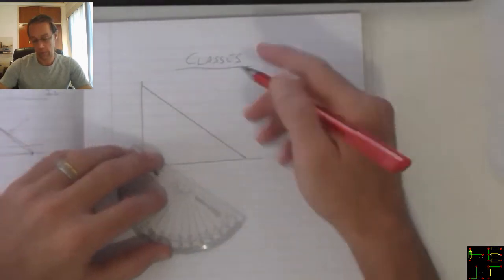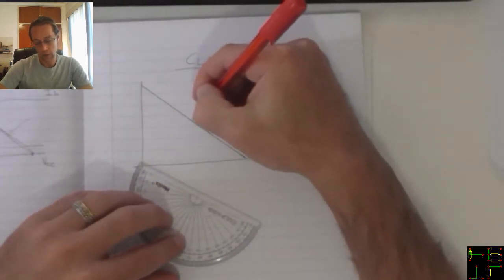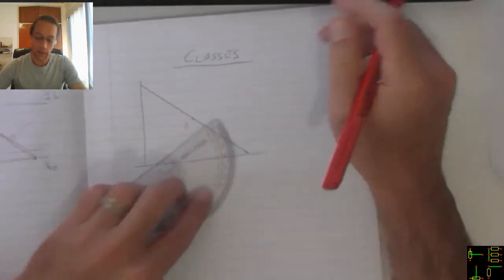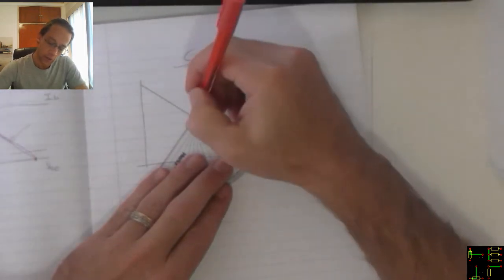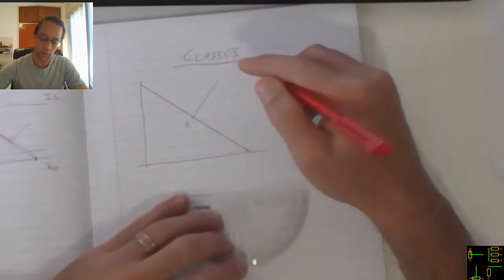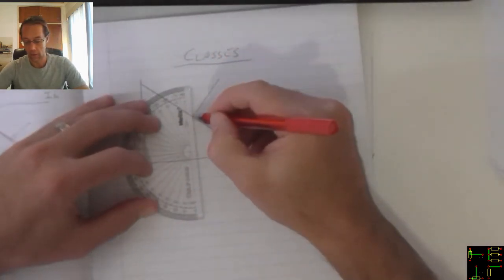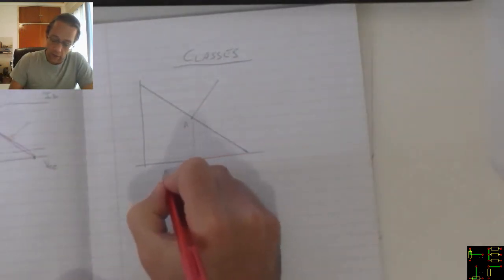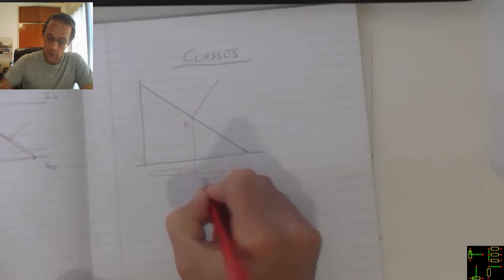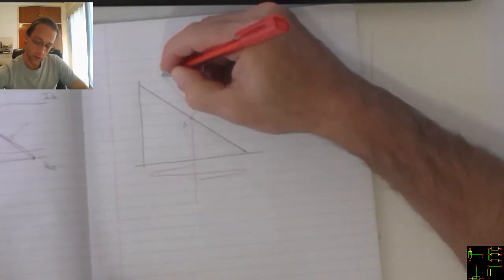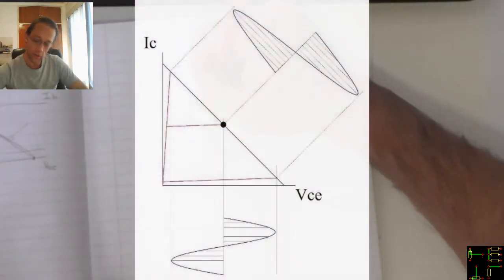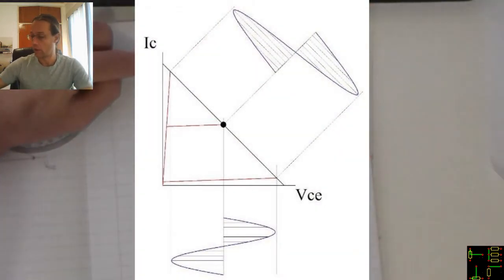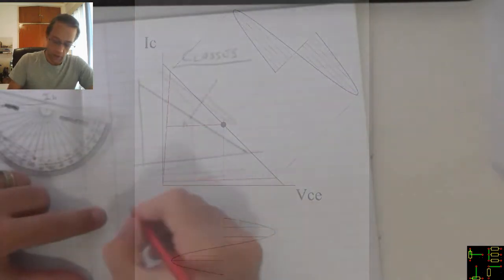If we have the Q point right in the middle, it is a class A amplifier, which means from the input to the output we will have a large or a very small area of amplification.